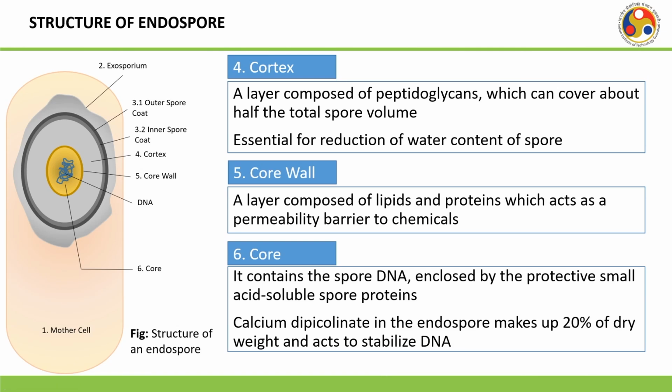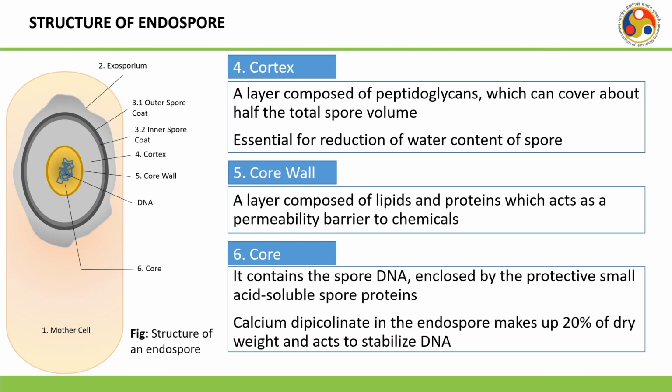Then we have a cortex. This is a layer of peptidoglycan which can cover about half the total spore volume. This is essential for reduction of water content of the spore. Then we have the core wall. This is a layer composed of lipids and proteins which acts as a permeability barrier to chemicals.